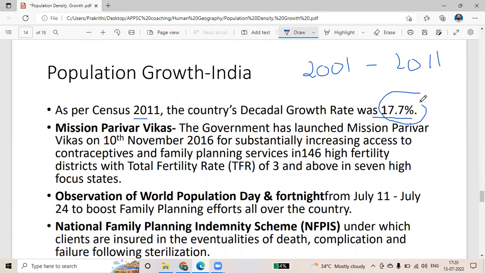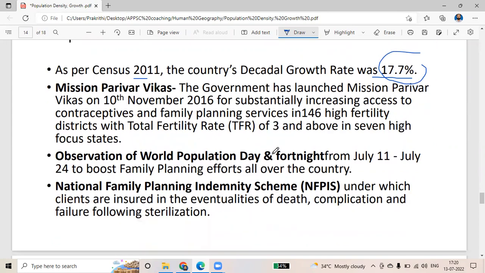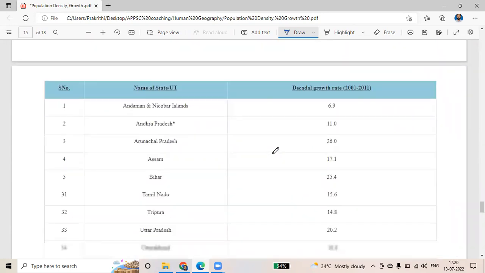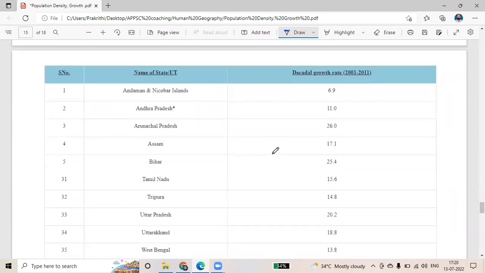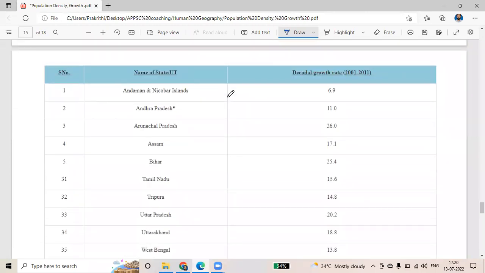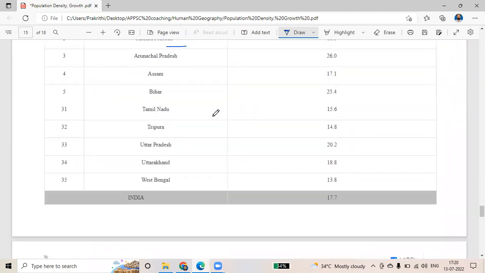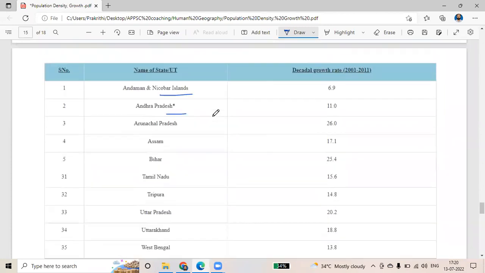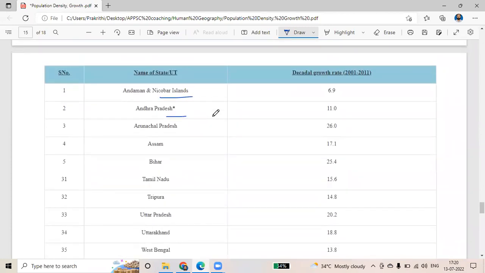Remaining, I will come. Mission Parivar Vikas, what all this is, that I will discuss. Before that we can see the states' decadal growth, 2001 to 2011, because we can't go to some other data. This is the census data report. So if you look here, population growth rate of Andaman Nicobar, Andhra Pradesh, how much in all these places. Okay, I have made a mistake here.